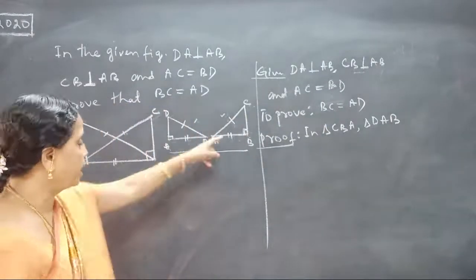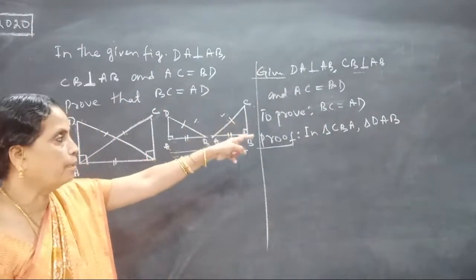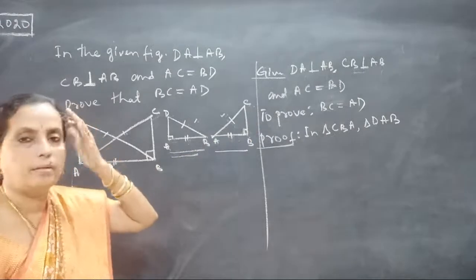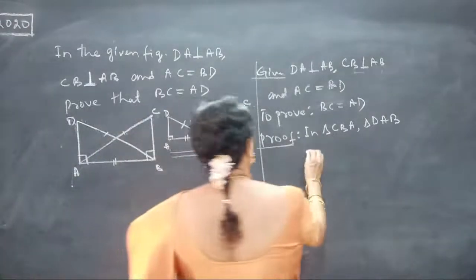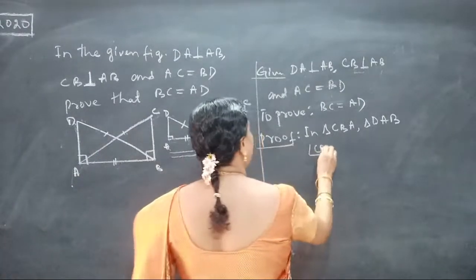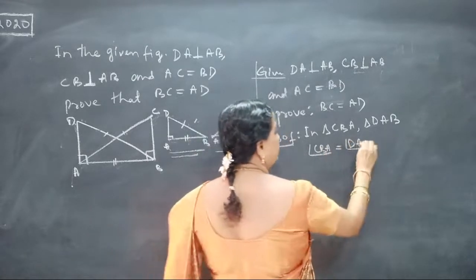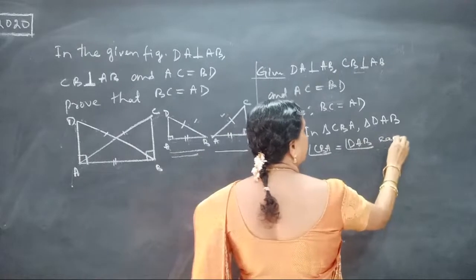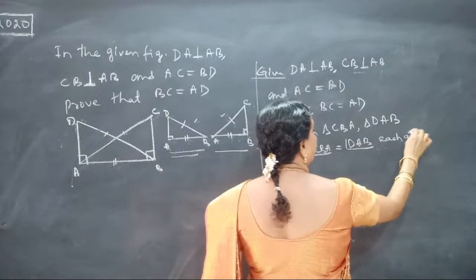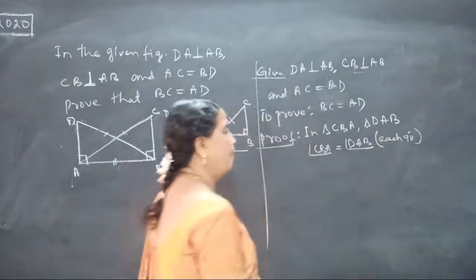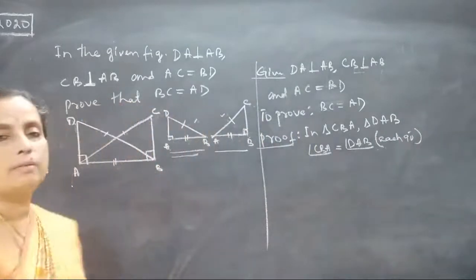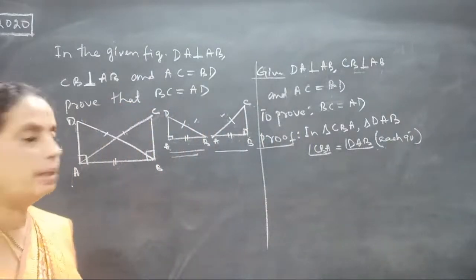I took this triangle first because we have to prove BC equals AD. Okay? Angle CBA equals angle DAB. Each 90 degree. Angle CBA equals angle DAB.